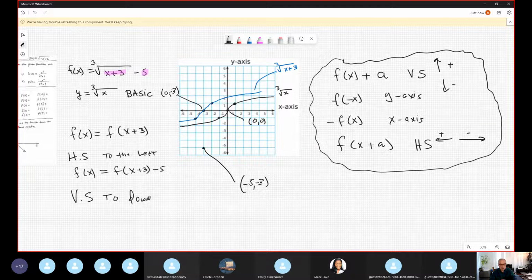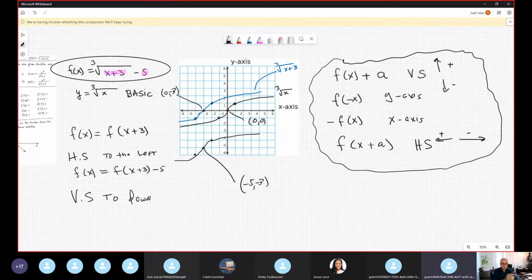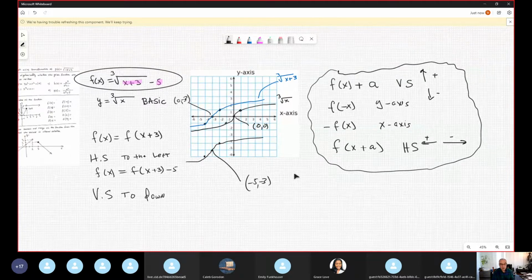One good idea is to plot 3 points in the base graph and transform them using the rule. Now this point here and this point here. Our new graph looks like that. This is the graph of this. It's okay, Anika? Cool. Now let's move on to the next question.